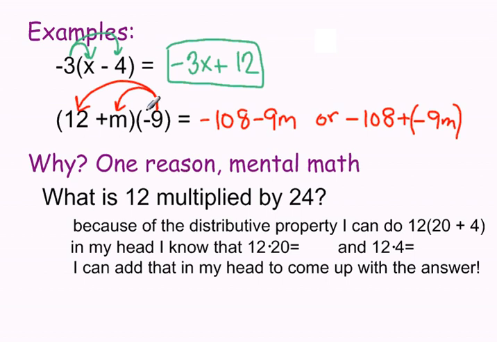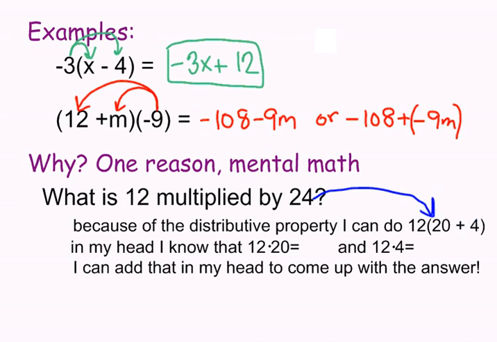Well, other than these examples up here that you will need to know how to do this for algebra, one reason is for mental math. What is 12 multiplied by 24? Now this is a problem I can do in my head. I don't need to get a piece of paper or a pencil because of the distributive property. So I can break down 24 into 20 plus 4.